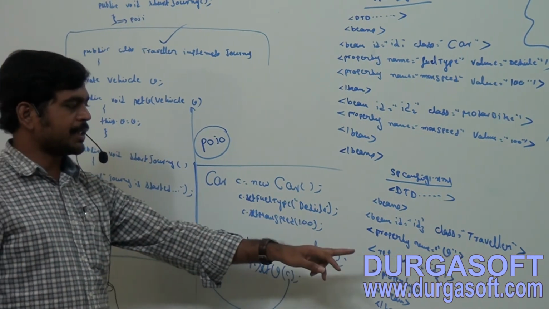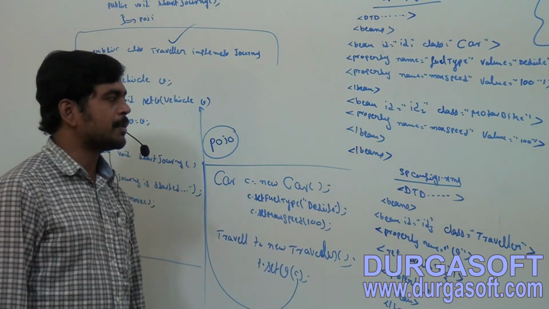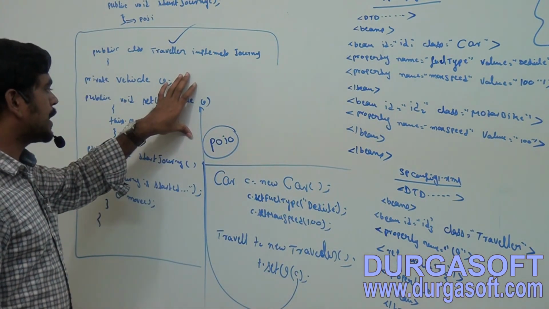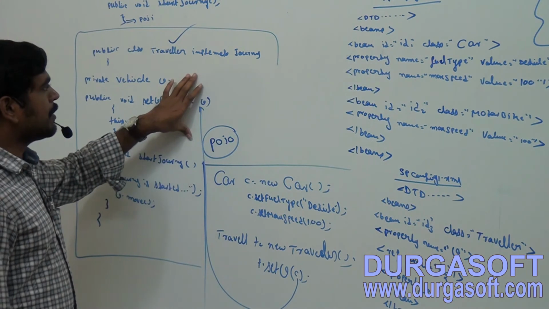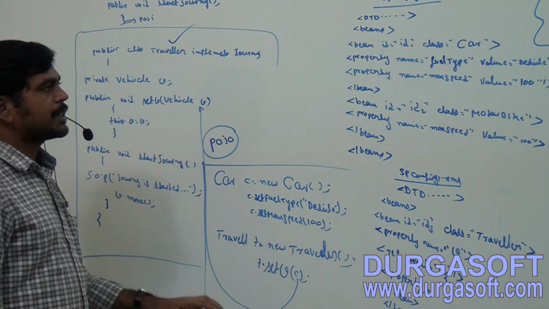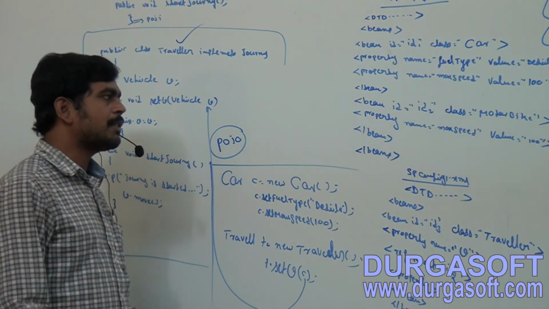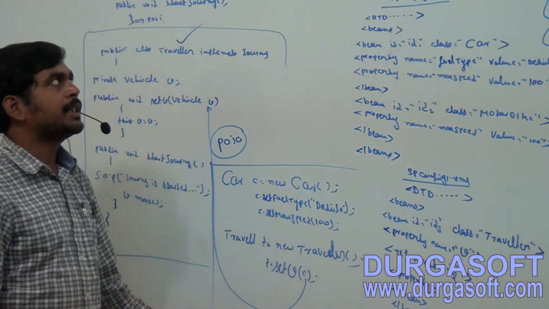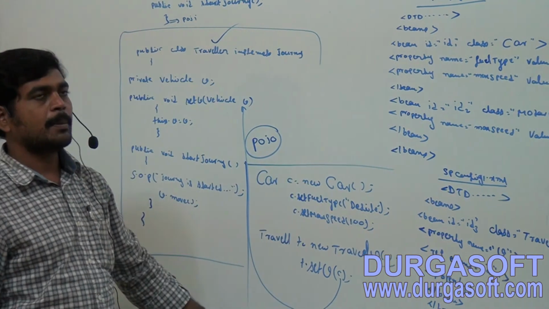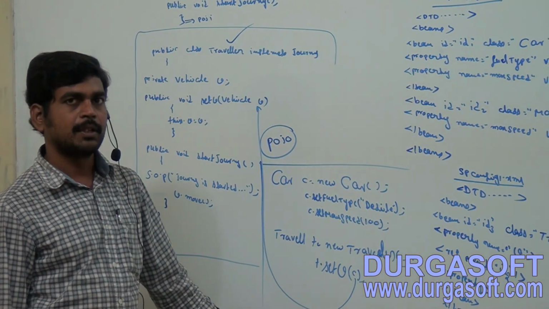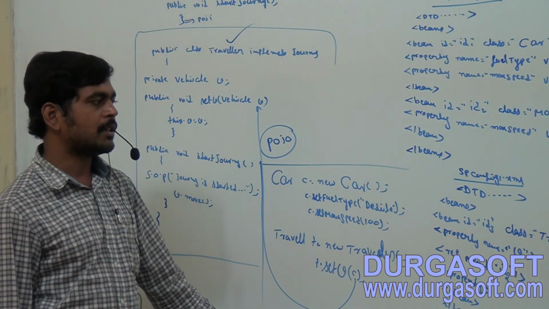Whenever we are replacing the Car class object with the Motorbike object, we no need to touch our business component. Automatically the Spring container takes care of placing that object inside this. Whenever we are placing like that, we are achieving loose coupling between the objects.